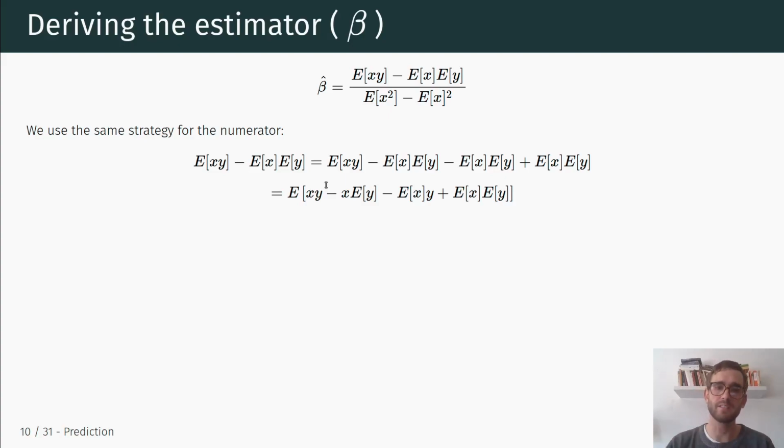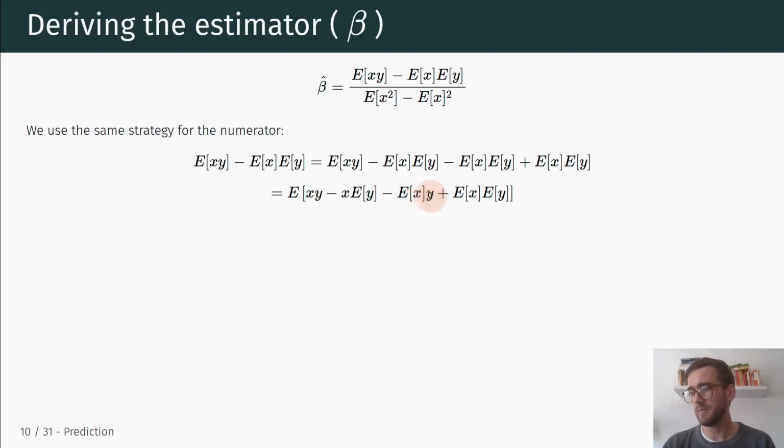Okay, then we're doing the same kind of rearranging and moving these inside the expectation, where we have now the expectation of xy, this is the first element here, minus x times the expectation of y, this is just this part moved down here, but now since this is inside the expectation, we can basically have this x individually.